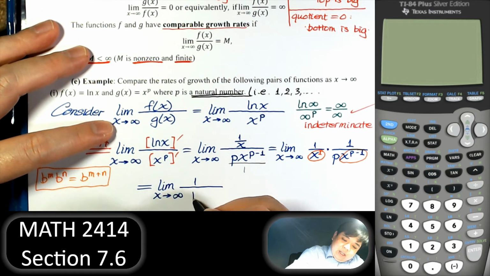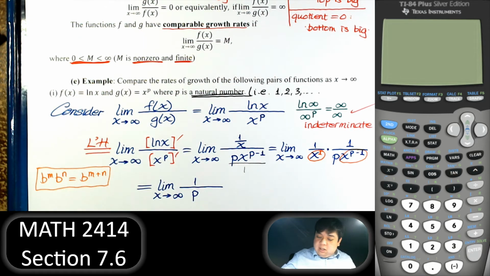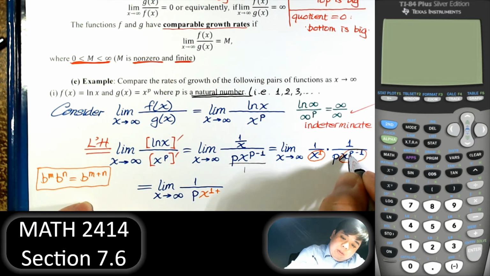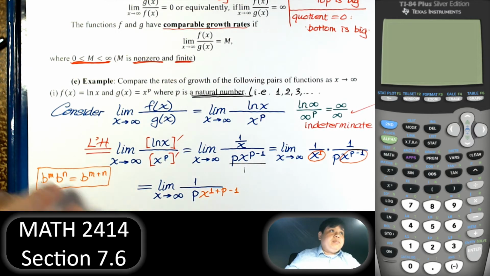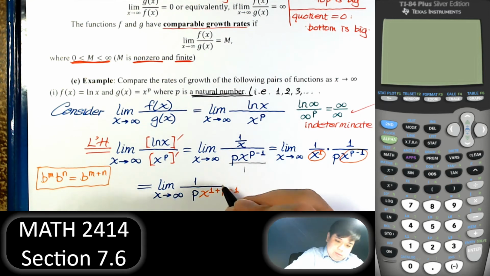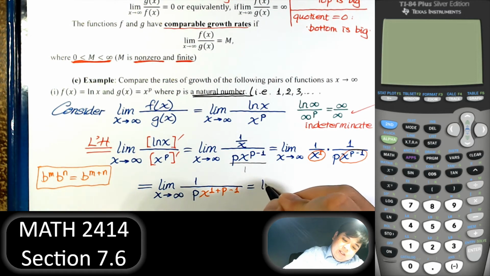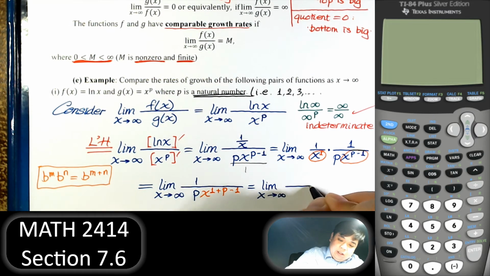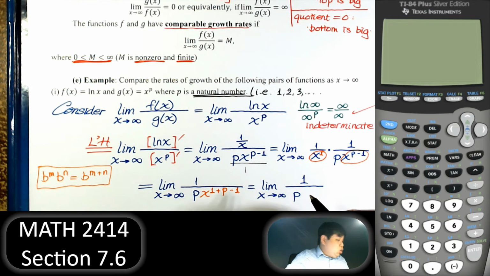There's a p, and then when we add the exponents, we have the base of x with the power 1 plus p, and then minus 1. The 1 minus 1 cancel out. We have the limit as x goes to infinity of 1 over p x to the p.